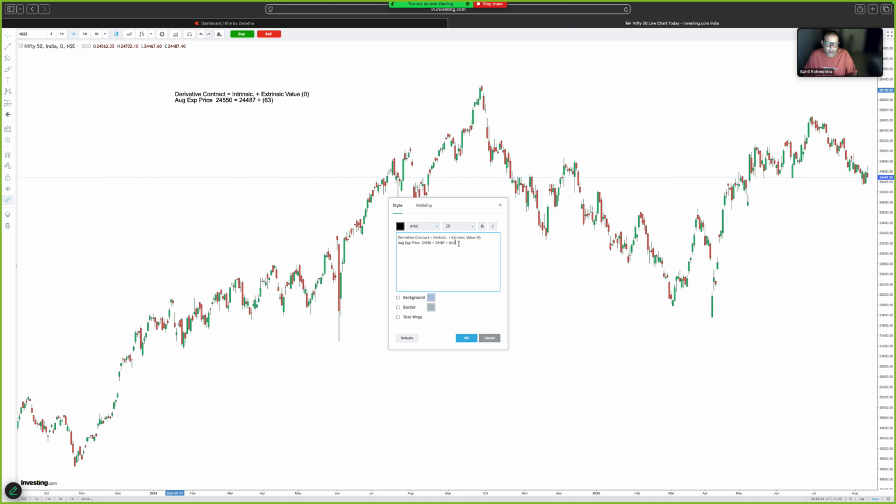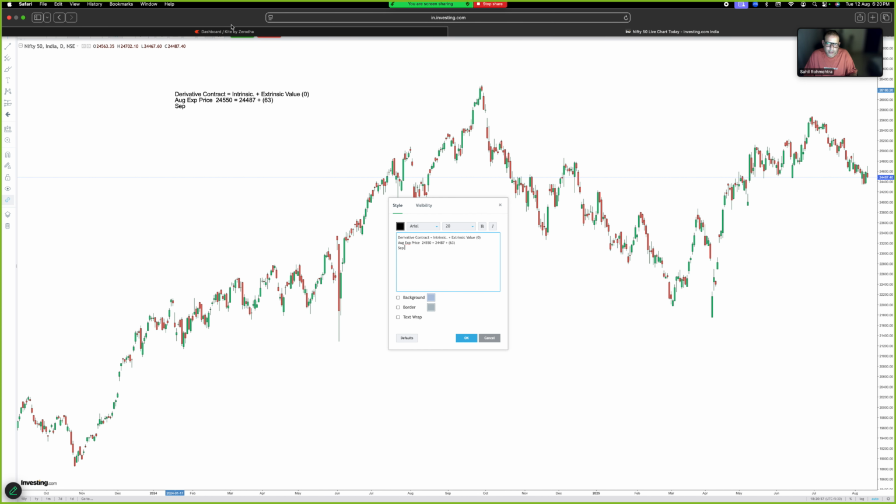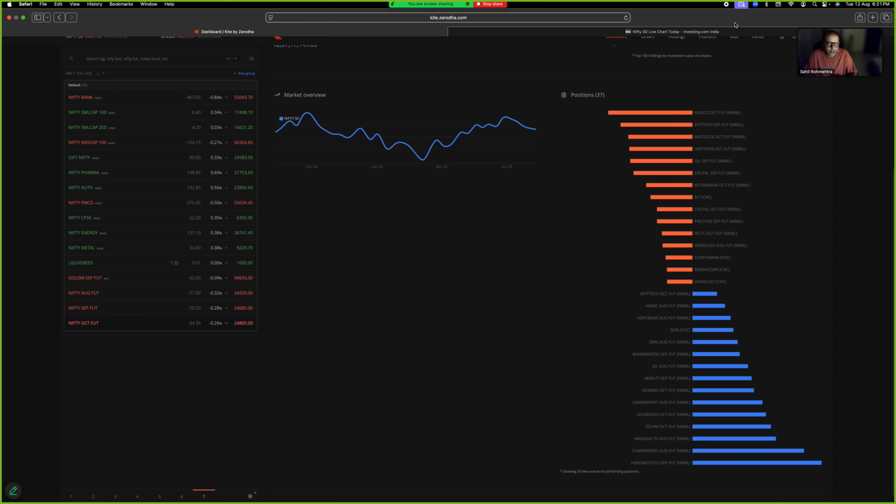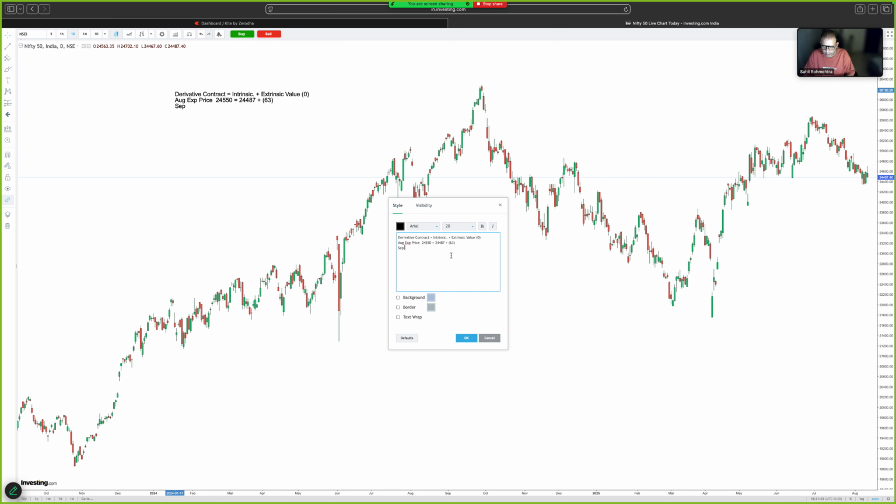Similarly, if we look at the September expiry, it was priced at 24,685. We also know that the spot value is at 24,487, which means that there is a 198 point extrinsic value. We'll repeat this exercise for October.